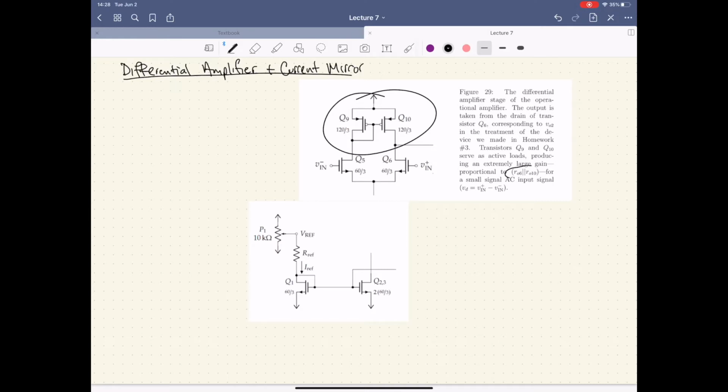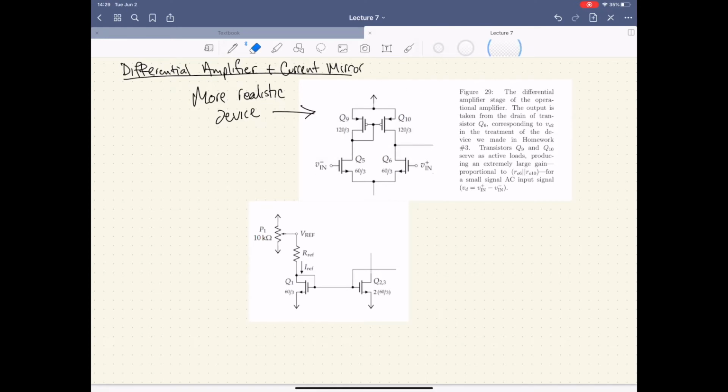So at the end of the day, we end up with this for our gain factors. So those resistances are helping increase our amplification even further. So this is our more realistic device. And we call these our active loads, of course.